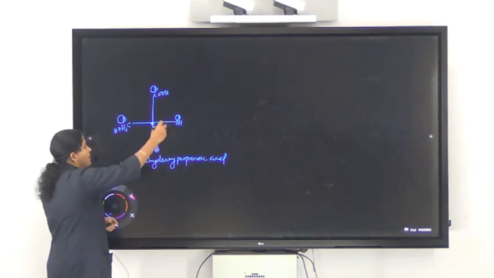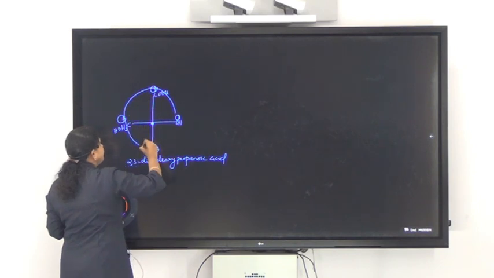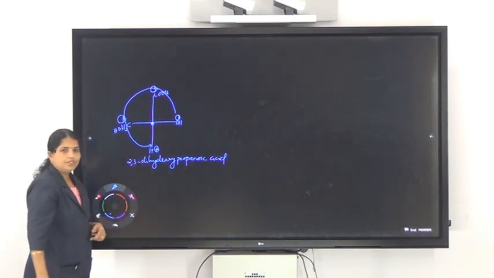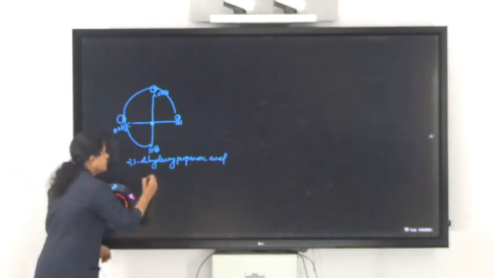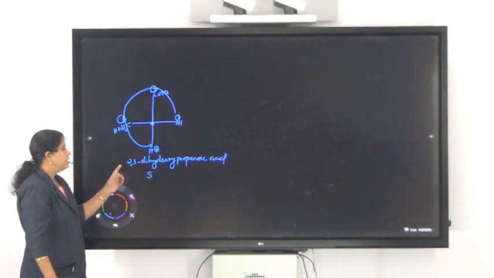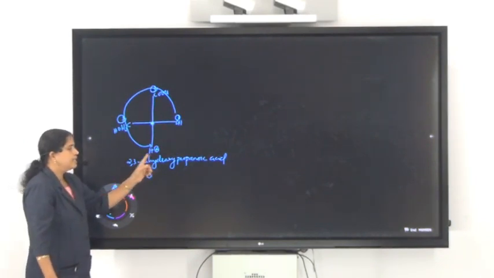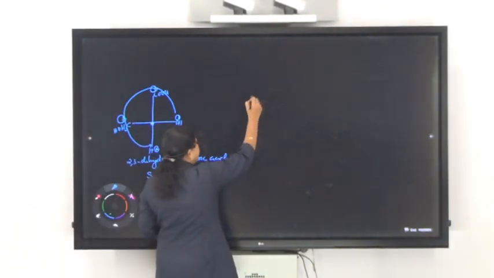Therefore, assign the priority sequence 1, 2, 3. That is in the anti-clockwise direction, therefore the notation S. Therefore, this is S-2,3-dihydroxypropanoic acid.